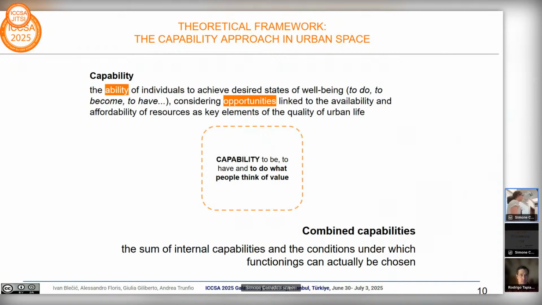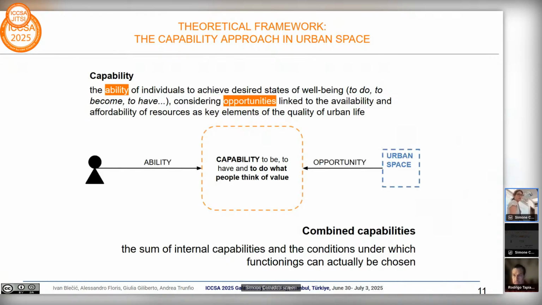There are two types of capability, or it's a dual dimension, because there is an internal capability and an external capability. The internal is the ability of people, and the external one refers to the opportunity given by the urban space, by the environment.